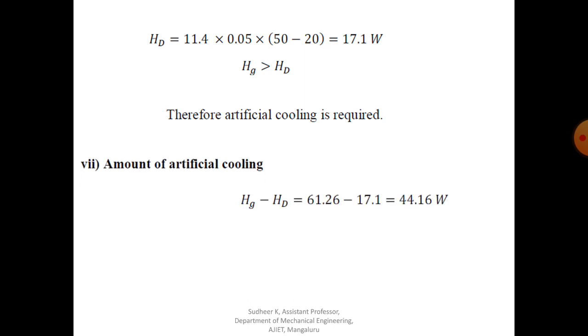Now coming to the amount of artificial cooling, how do we find out the quantity of artificial cooling required? That is very simple. Hg minus Hd you have to do. So that is 61.26 minus 17.1, 14.16 W. That much wattage of cooling is required in order to reduce the friction.